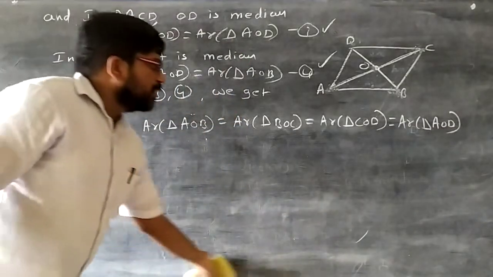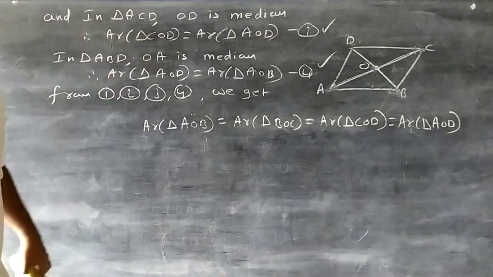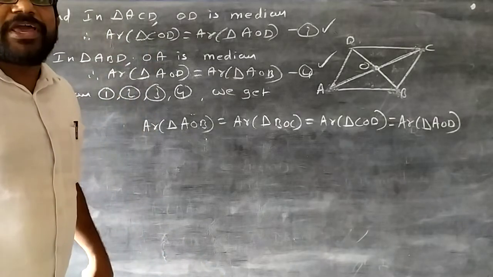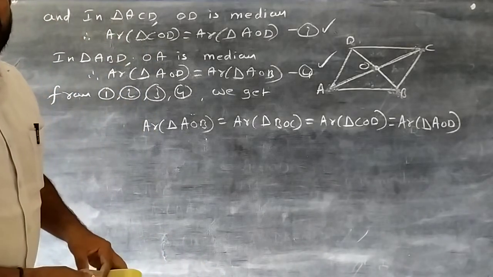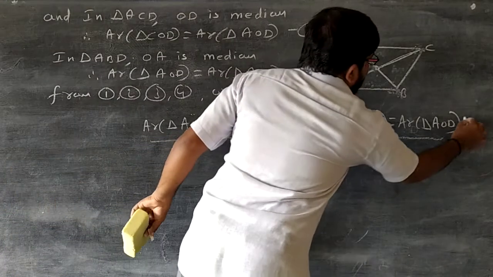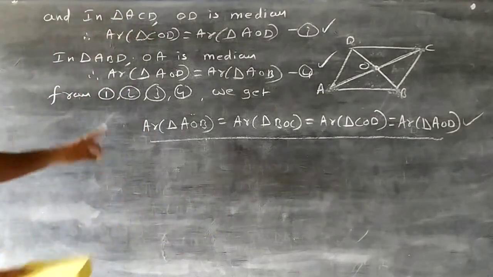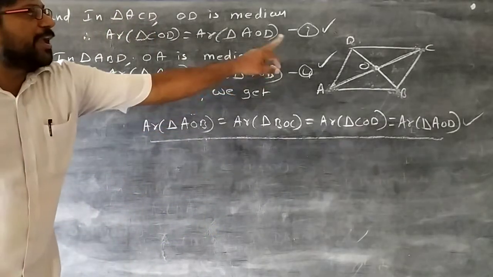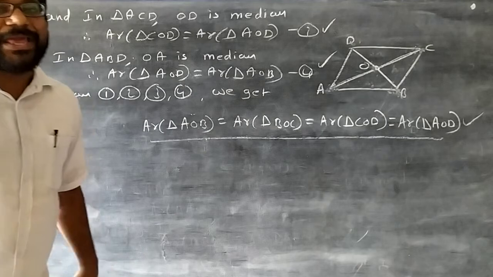So means the two diagonals divide the parallelogram into 4 triangles which are of equal areas, right? So this is the required to prove. Once again listen, from 1, 2, 3, 4 all triangles are of equal area, right?